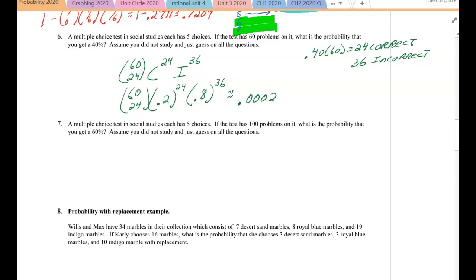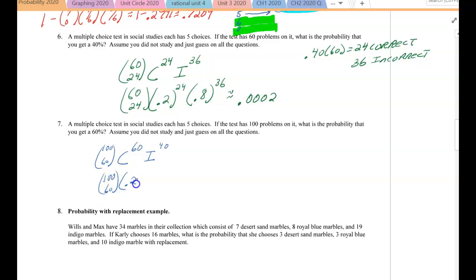So for problem number 7, hopefully you paused the screen and tried this problem. You want a 60%. So for correct, since there are 100 questions, and you want a 60, you would get 60 correct. And then for incorrect, you would get 40. So in front of that, it would be 100 choose 60. And then there are still 5 choices.